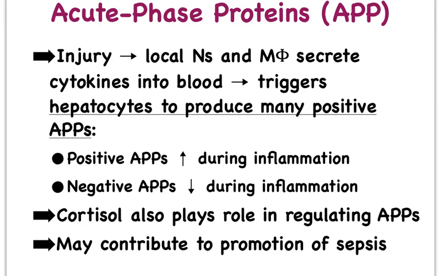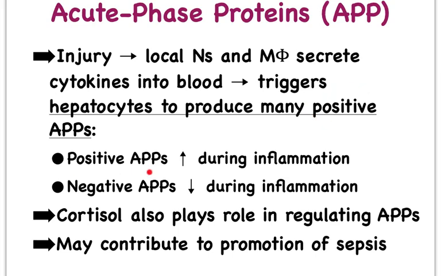And that is actually going to then tell the liver cells, the hepatocytes, to start cranking up a certain type of protein called the APS, or the acute phase proteins, particularly the positive acute phase proteins.